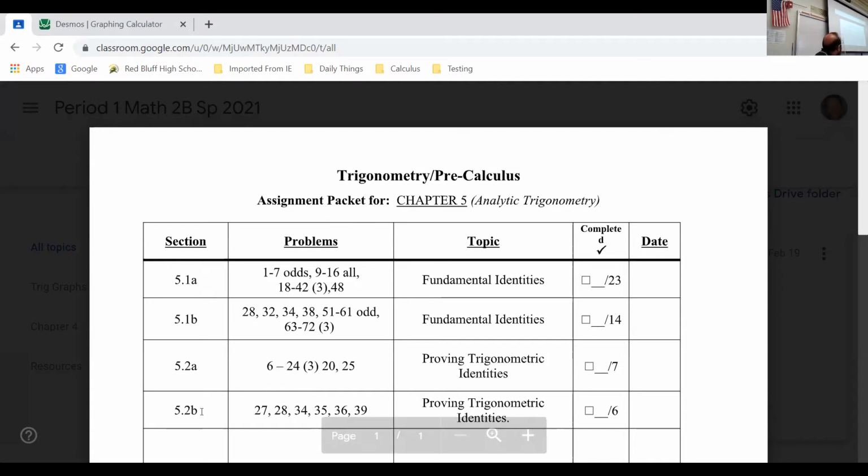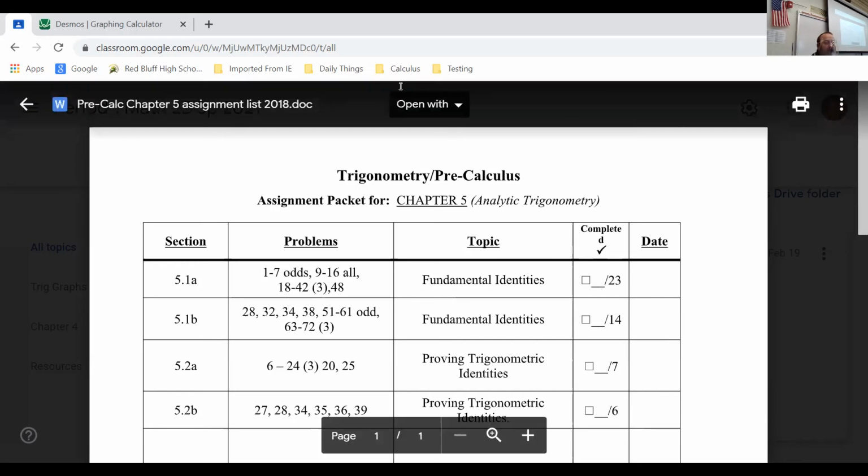I am giving you an extra day because on Wednesday we're going to be cleaning up some of these ideas. So why don't you start up on here, go through 1 through 7 and do the odd problems, and I will walk around and help you. Some of these are going to be pretty quick. Some of them take a little bit more time. That's where we're going to stop for now.